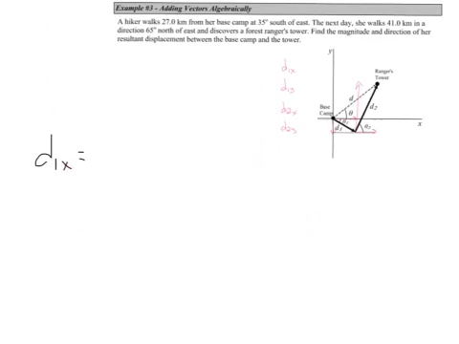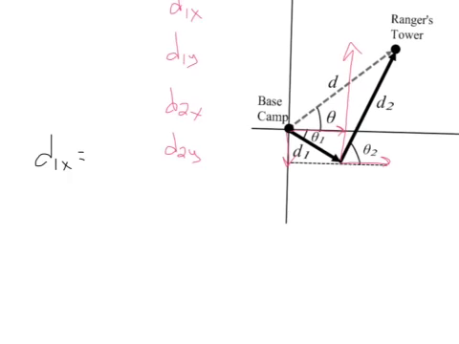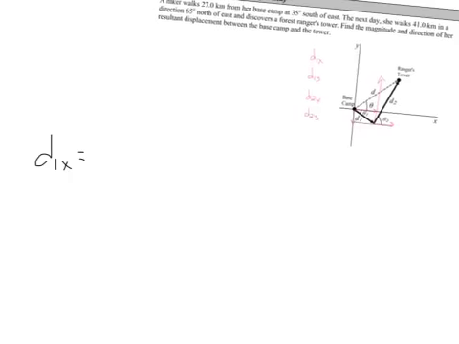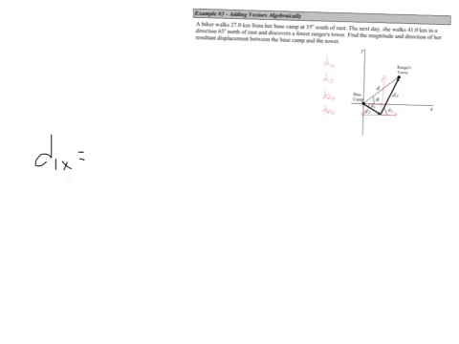So to apply our trig functions here, we have to look at each of those components. Look at D1x right in here. D1x is adjacent to theta 1, so it's adjacent to that 35-degree angle. So our expression for D1x is going to be D1 cosine theta 1.